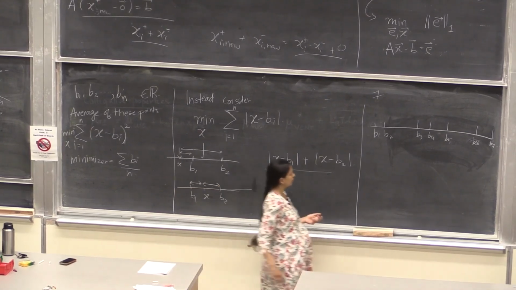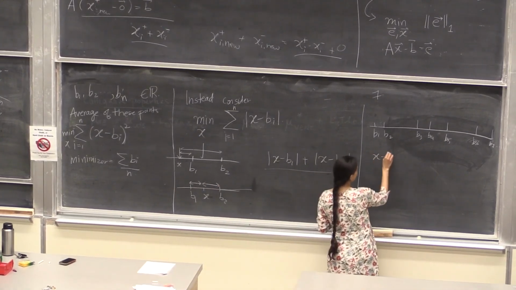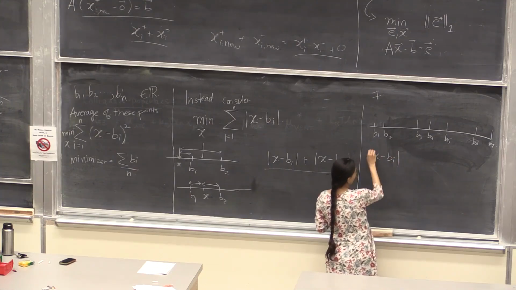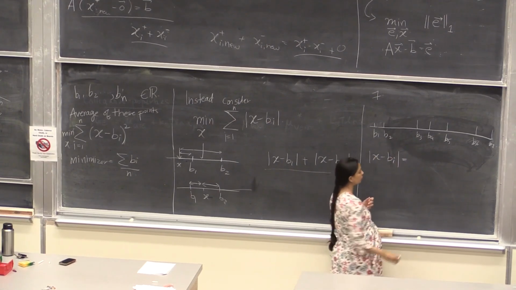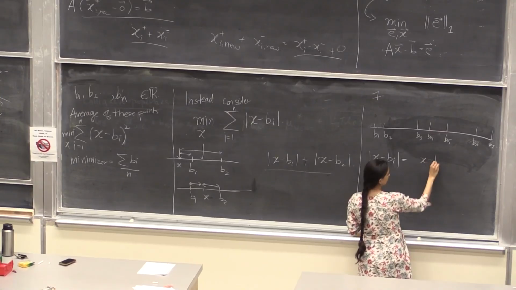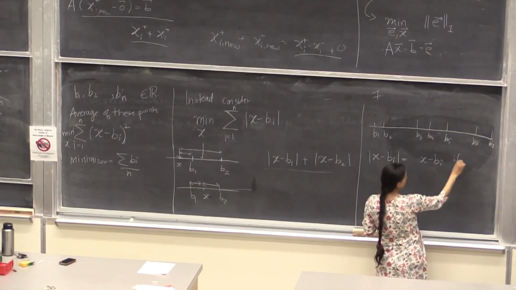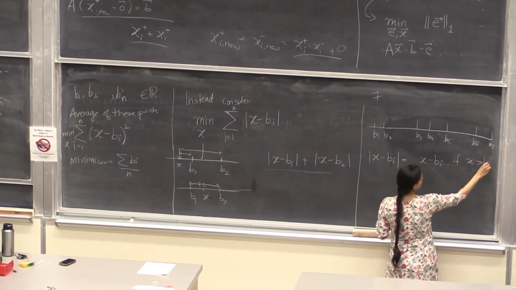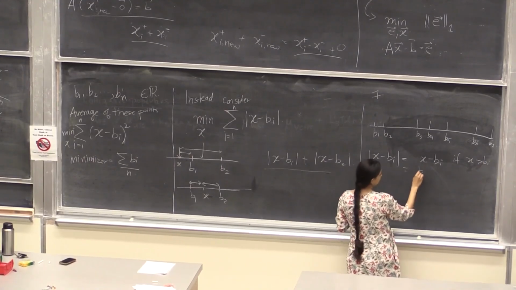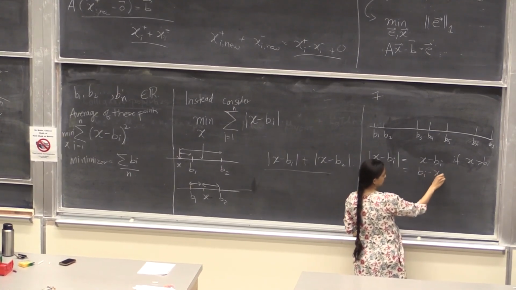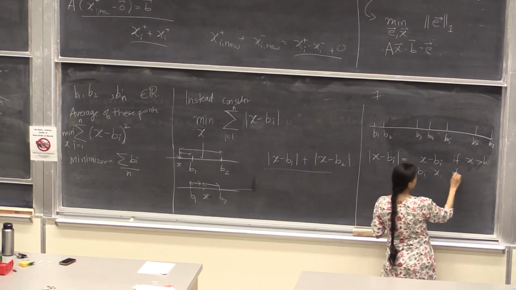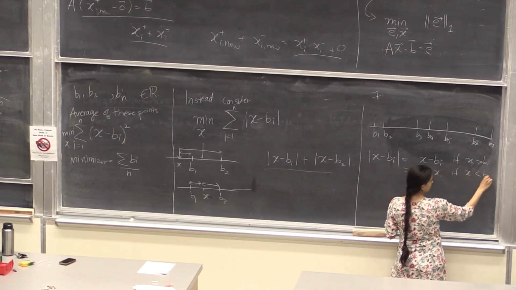So basically, if I think of the absolute value of x minus bi, what is this thing equal to? Well, this is equal to x minus bi if x is greater than bi. And this is equal to bi minus x if x is less than bi, right?